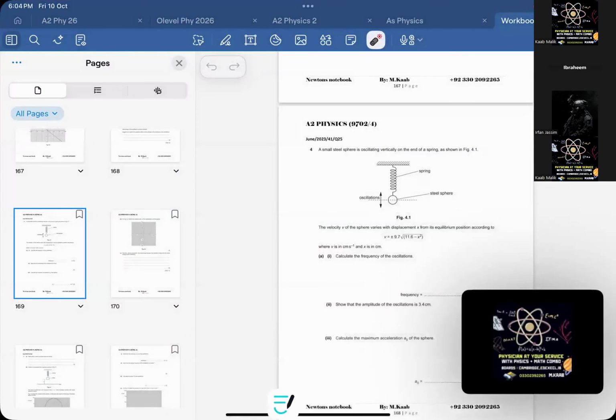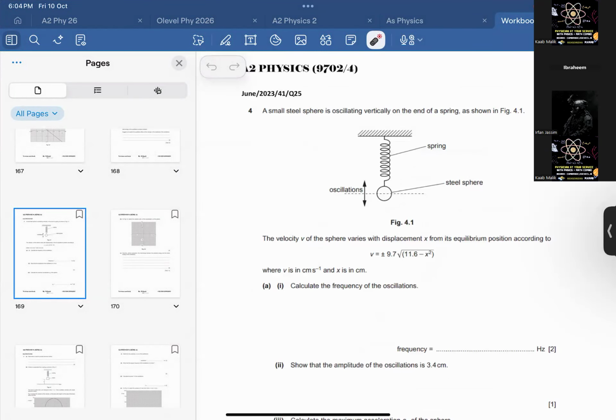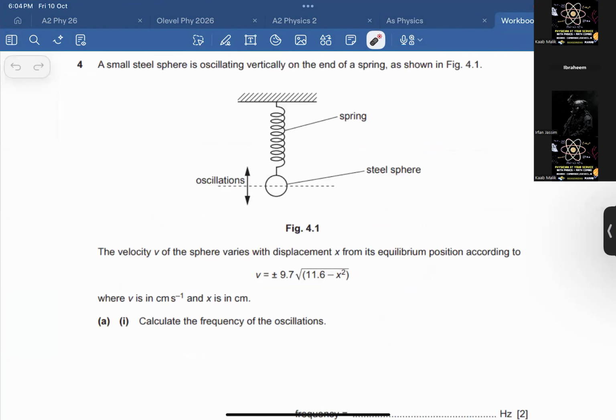Can anybody read the question, please? Iran, can you please read the question?